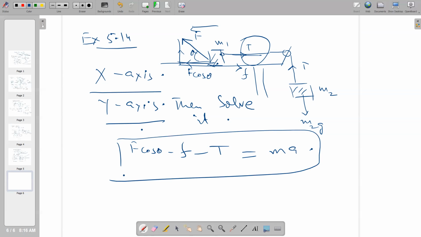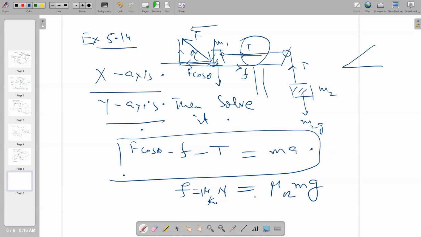In this way, you can write the equations. And f is equal to what? f is equal to mu into N. It is moving, so it is kinetic, mu_k into N, and N is not mg here.